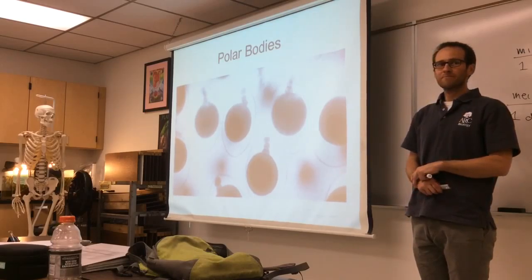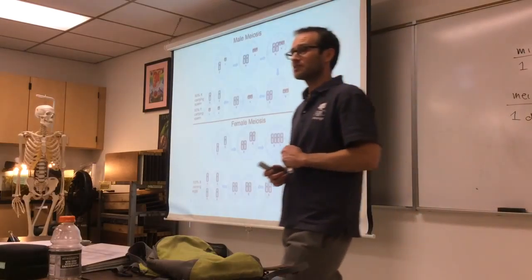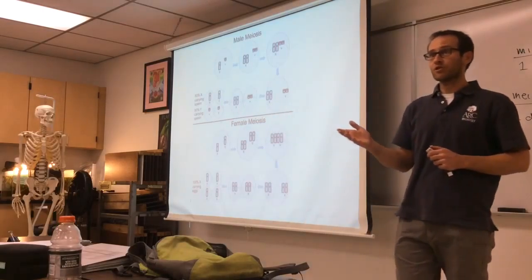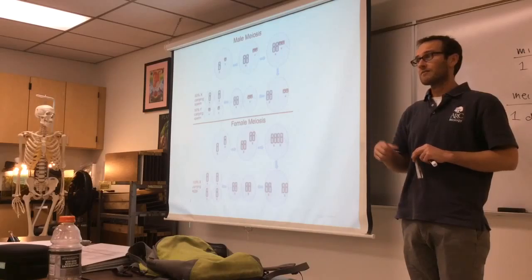Okay. So when you think about meiosis in humans for the sex chromosomes, you guys sketched this out, I think, for males on the lab that we finished up on Monday.